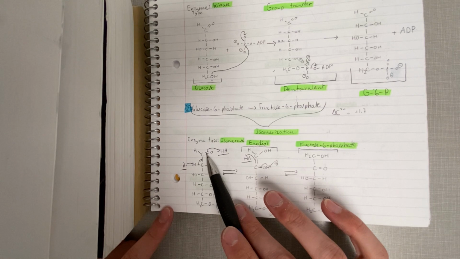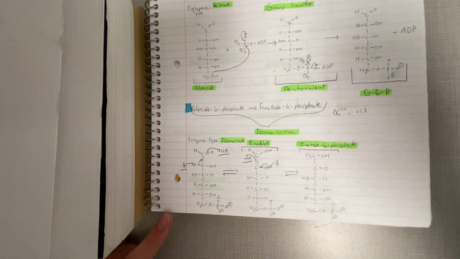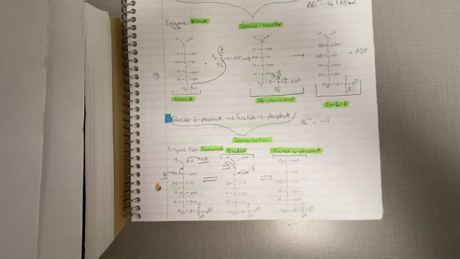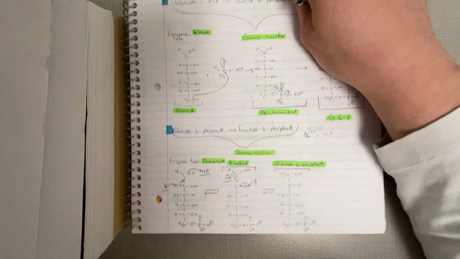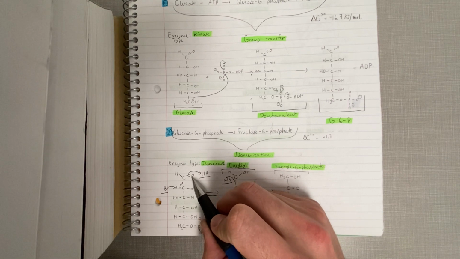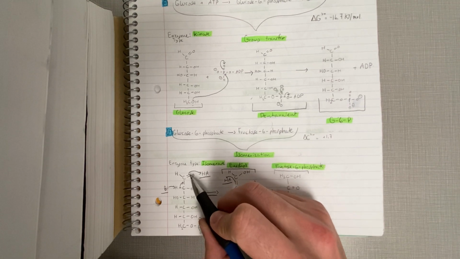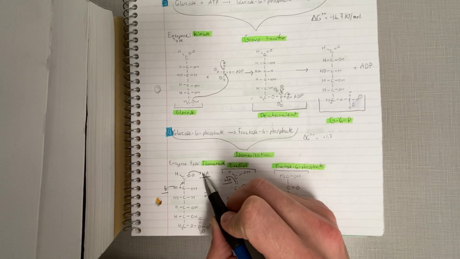So we have our glucose 6-phosphate. Our first step is going to protonate this oxygen here, so the lone pair is going to attack this proton.